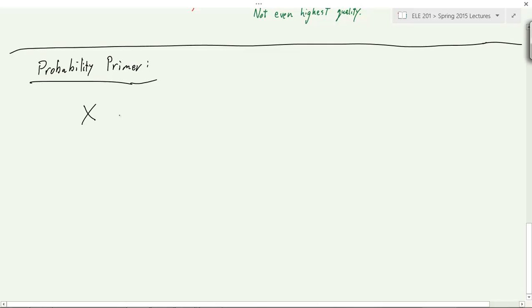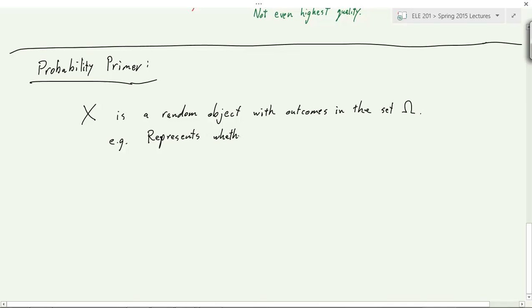So let's say X, capital X here, is a random object, let's say with outcomes in some set, which we'll denote by omega. Okay, so omega is a set of outcomes. For example, I'll give you an example where X represents the outcome of a sporting event, or some event where there's a winner, whether a team wins or loses.